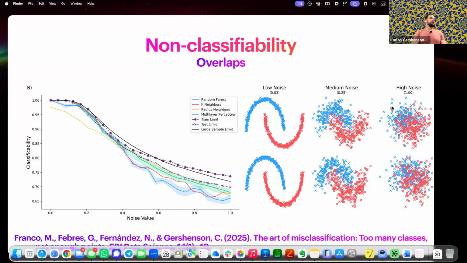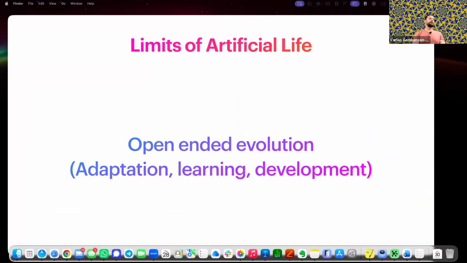And in artificial life, we have also other limits, like, for example, open-ended evolution, of which there are many different flavors. So, for example, one is simply that we have new types of things, new things.